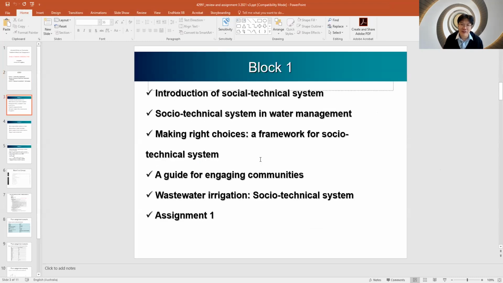In block 1, we covered socio-technical systems, water management, the SWOT from Singapore water reuse, and the Toowoomba water recycling plan. Also, we discussed how to engage the community in terms of the SWOT system. And that's the reason why you completed a very good assignment 1.